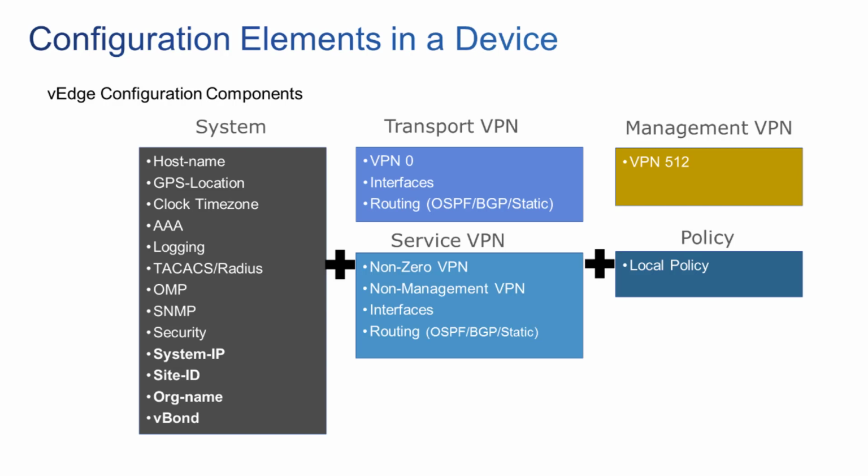We can also specify TCP maximum segment size. We can do TLOC extensions. I mean, there's a whole bunch of things actually in the VPN interface configuration that we can apply. We'll take a look at some of these in more detail as we go through the process here.